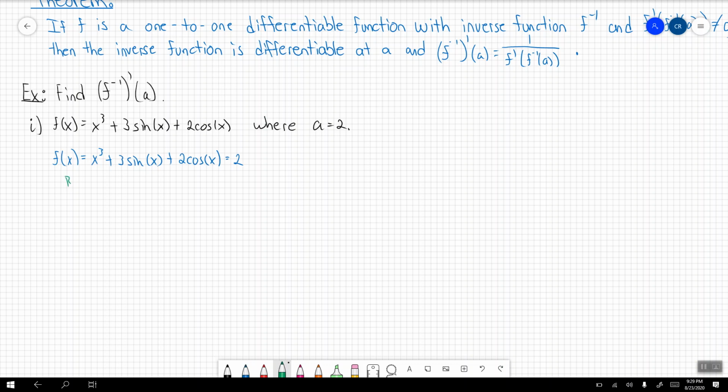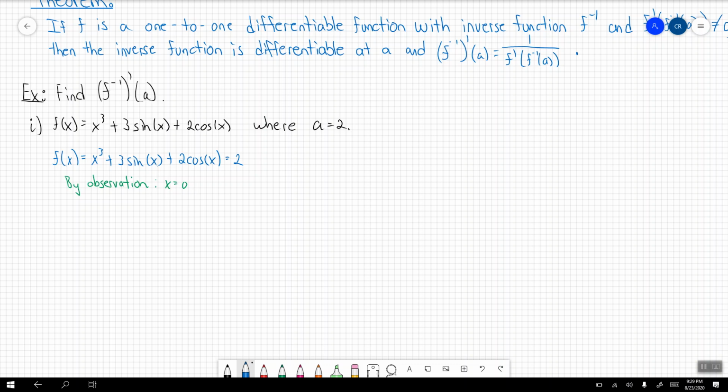By observation, what happens when we try x equal to 0? Well, x cubed will zero out. Sine at 0 is 0, so 3 times 0 is 0, so automatically the first term is out and the second term is gone. Third term, what is cosine at 0?